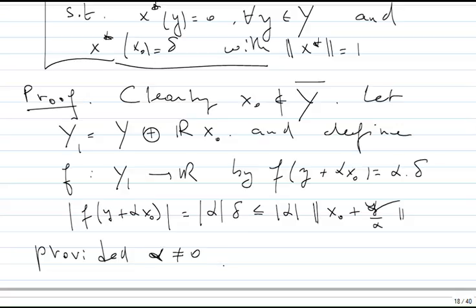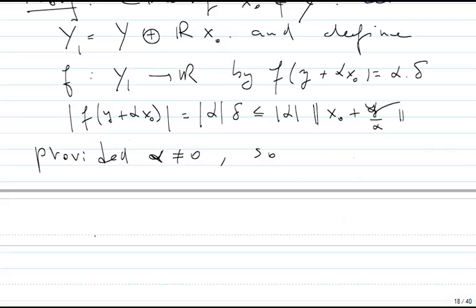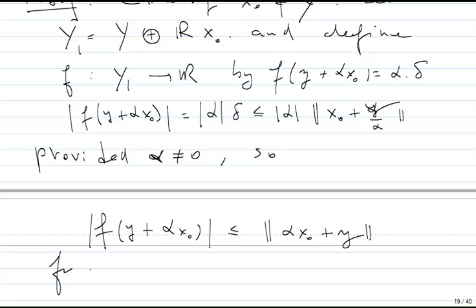So the absolute value of f of y plus alpha x0 is going to be less than, let's put alpha inside, the norm of alpha x0 plus y for any y in Y. This is provided that alpha is not equal to 0.